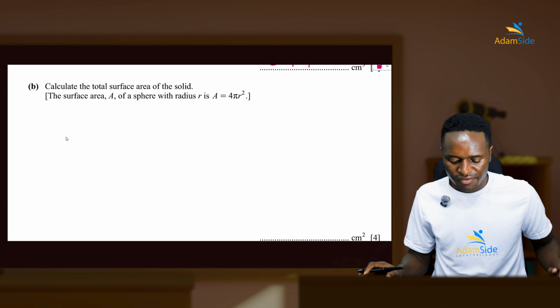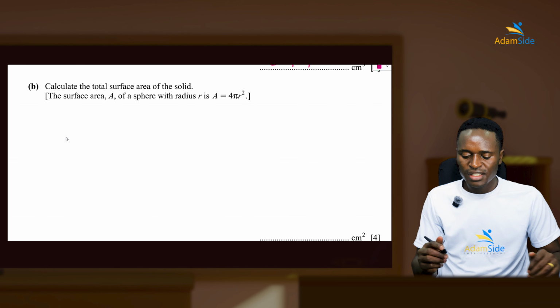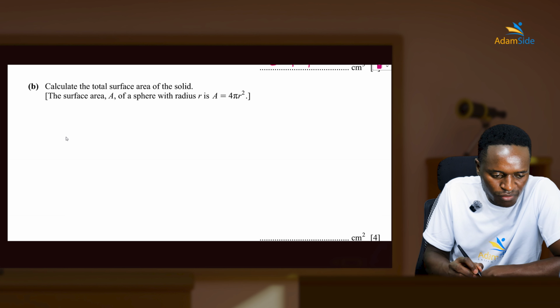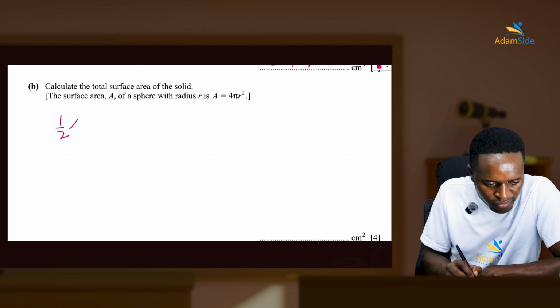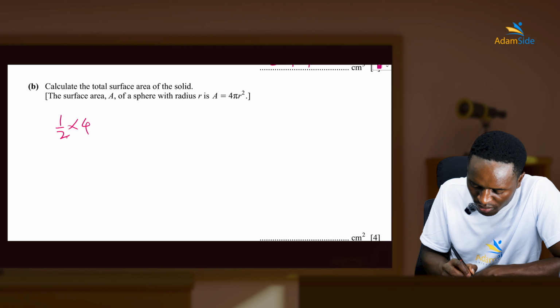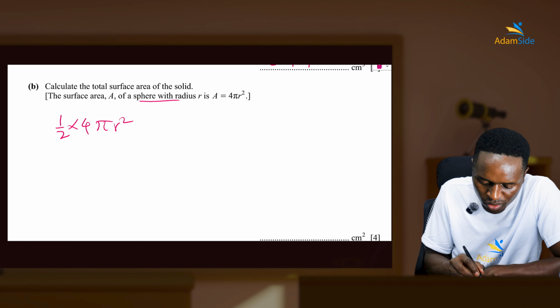And then you calculate the total surface area of the solid. Surface area is simple. You use the same formula. Just say a half times 4 pi r squared, because it's half of the sphere. And we know our radius. What's our radius in the formula?